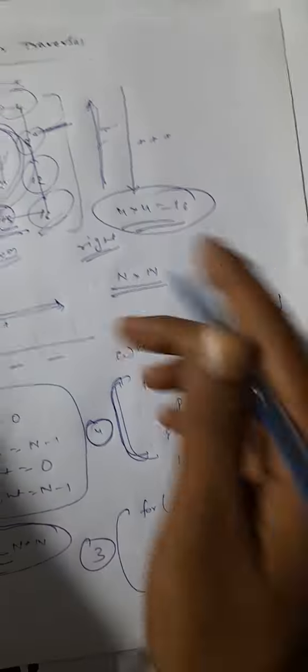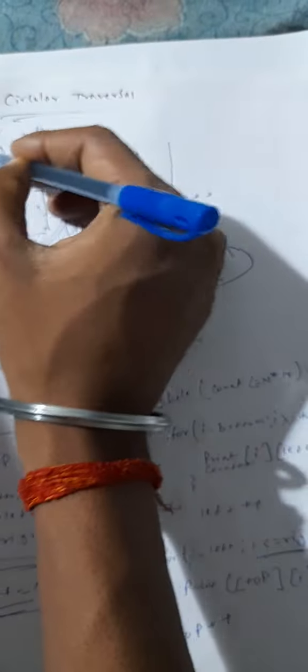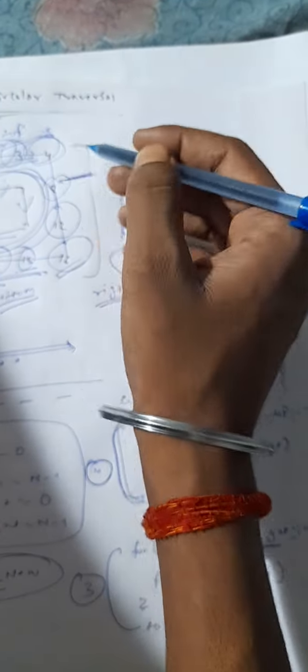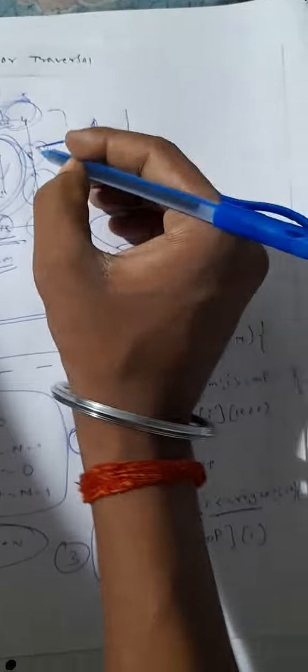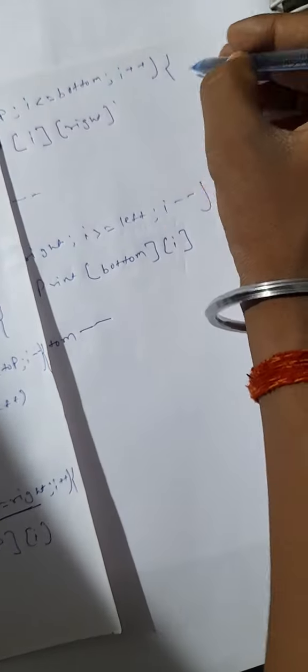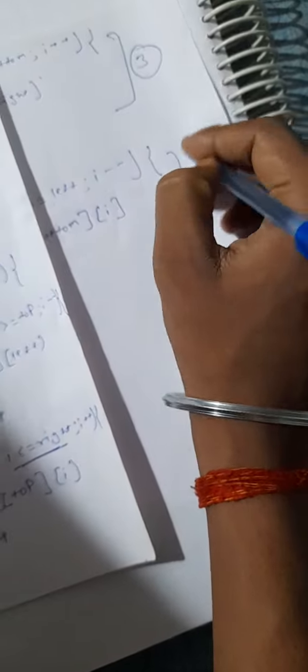And again when we go, 3 elements on the second loop, and when we go top to bottom again we covered these 3 elements, right? We covered 3 elements here, and again we covered 2 elements.